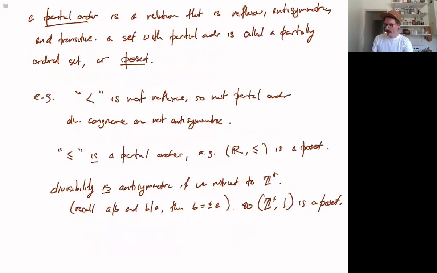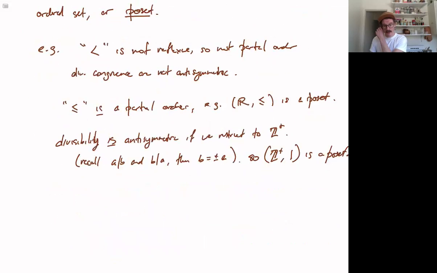So let's introduce some notation for dealing with these things in general. We'll think of these as being some kind of ordering, although they won't necessarily be what you traditionally think of as an order. For example, we already have this example where divisibility is not exactly what we mean by ordering traditionally.